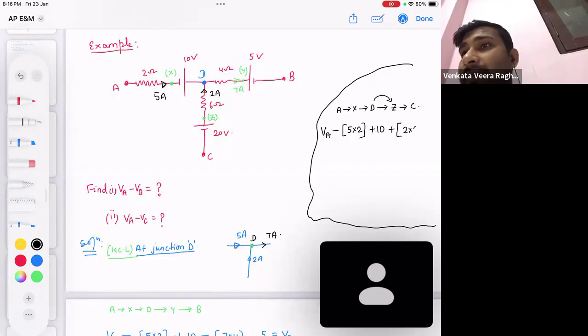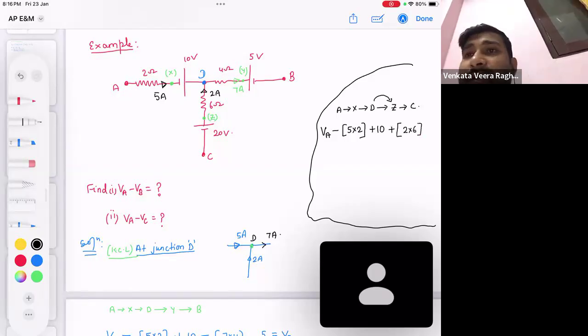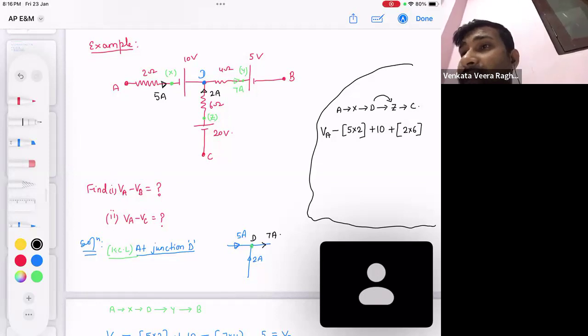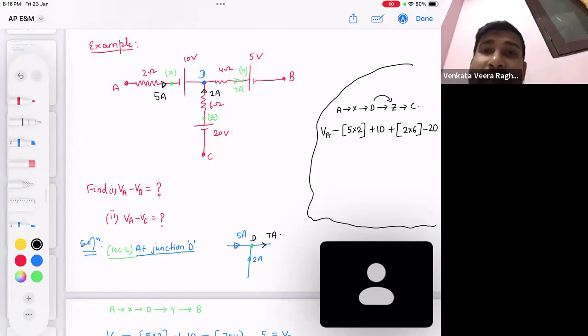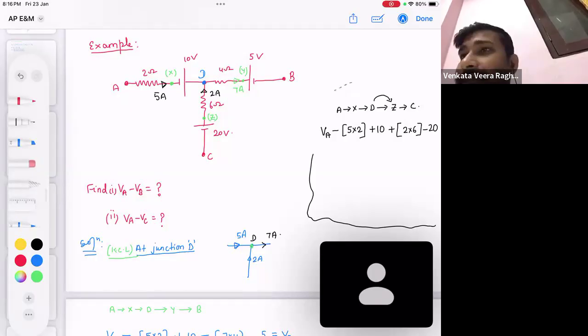I into R. Next, now I reach the point Z. Z is high potential, C is low potential. High to low potential means minus. How much minus? Minus of the battery potential. Understood?